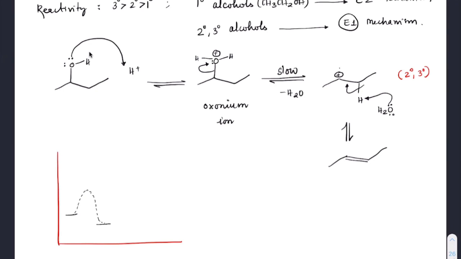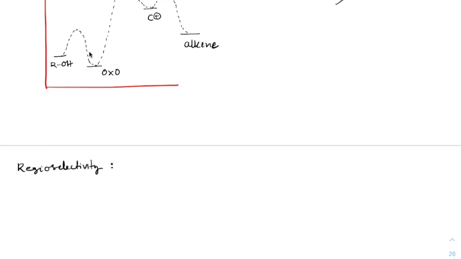There is an extra sigma bond here, because of which energy will come down. And from there, it goes to a height and finally forms a carbocation. From the carbocation, elimination takes place and finally the product forms. So this is the carbocation formation, this is the oxonium formation, this is alcohol, and this is alkene. This you have to mug up because this only comes from experimental data.